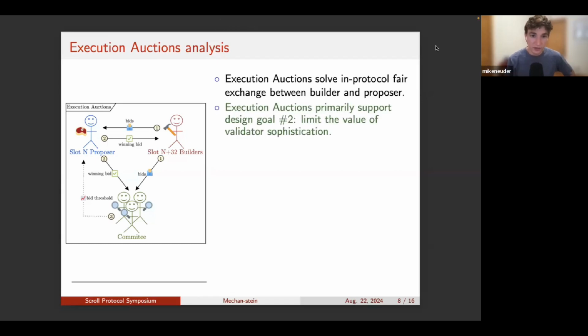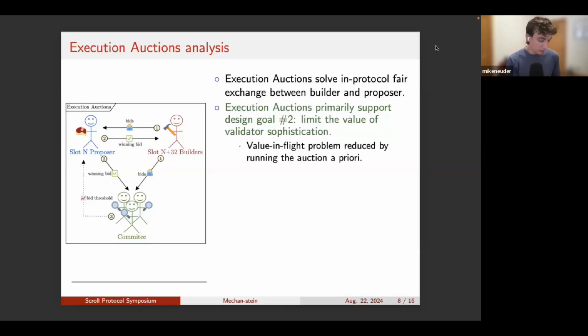And as I alluded to earlier, the primary design goal that these execution auctions are aimed at is limiting the value of validator sophistication. And this is exactly downstream of this value in flight problem, reduced essentially to 0 by making the auction run a priori.